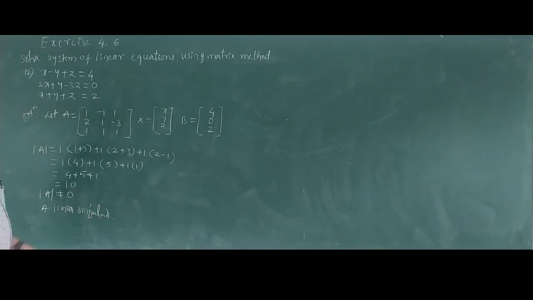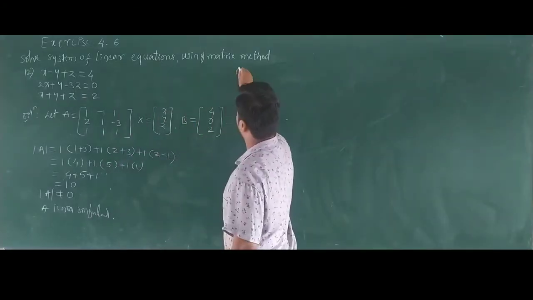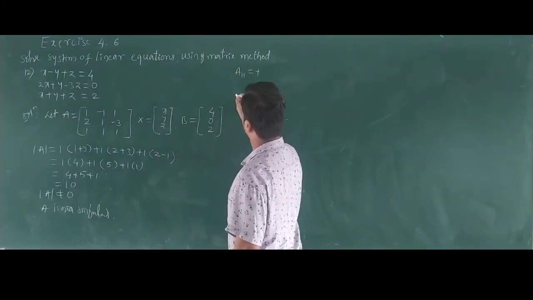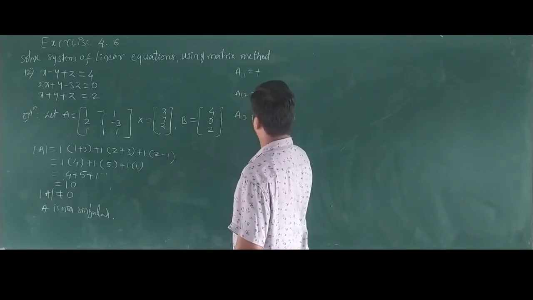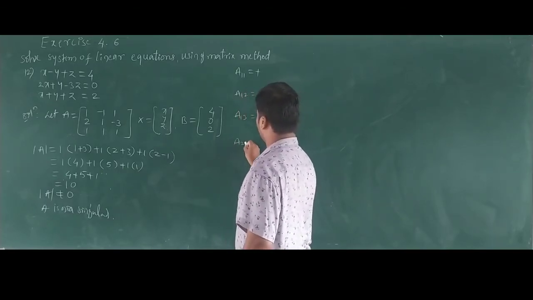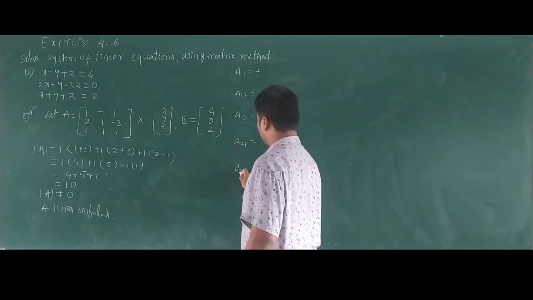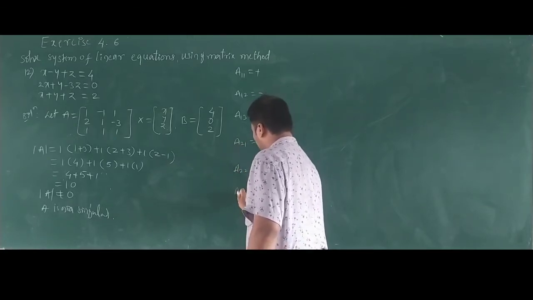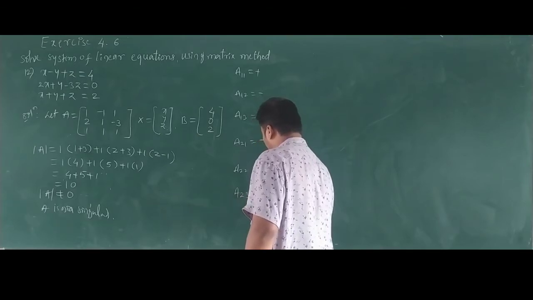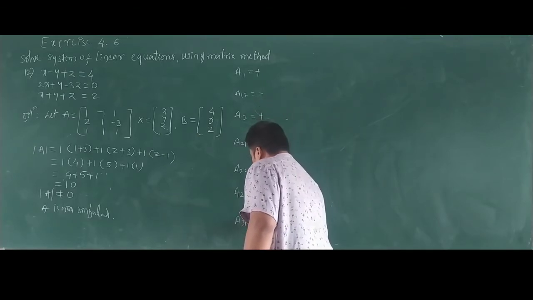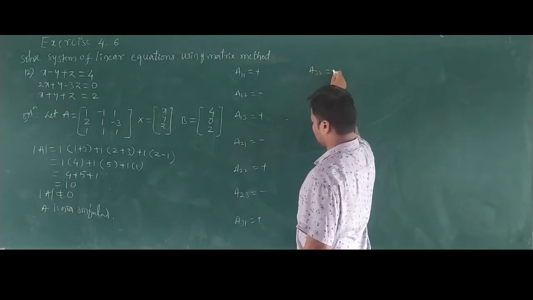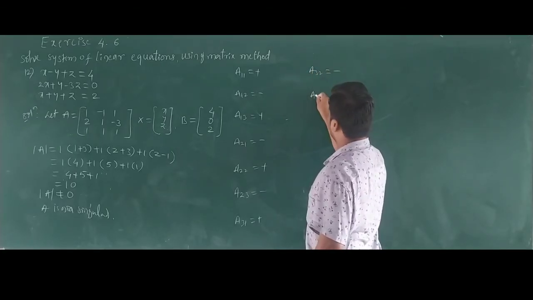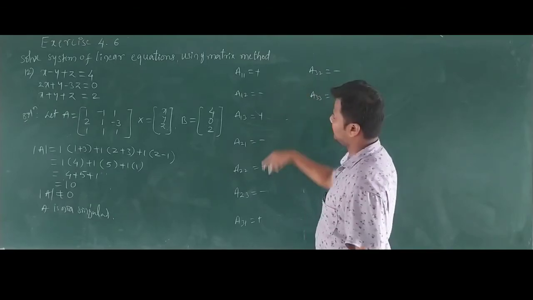Okay. Next we have to find the adjoint of A. So adjoint of A again: A11 plus, A12 minus, A13 plus, A21 minus, A22 plus, A23 minus, A31 plus, A32 minus, A33 plus, alternating plus minus plus minus.